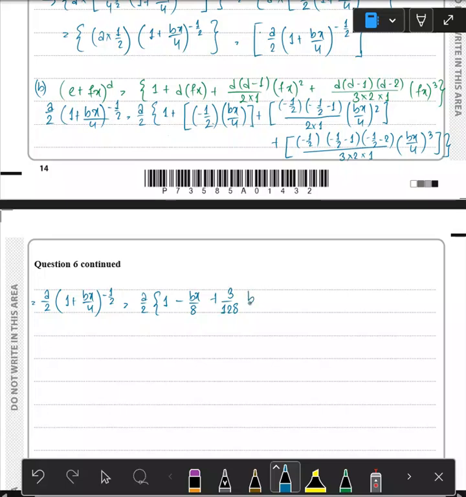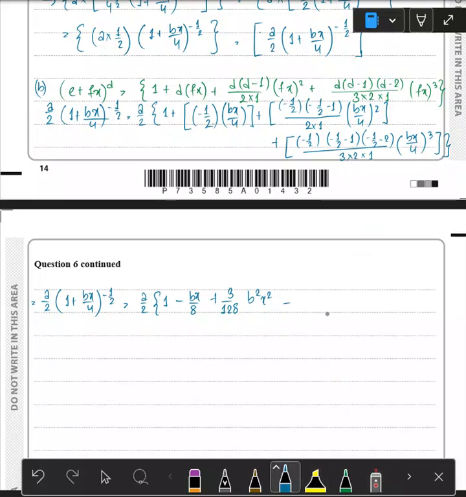then this should be plus 3 by 128 b square x square, minus negative half multiplied by negative half minus 1 multiplied by negative half minus 2, divided by 6, multiplied by bx by 4 whole cube.